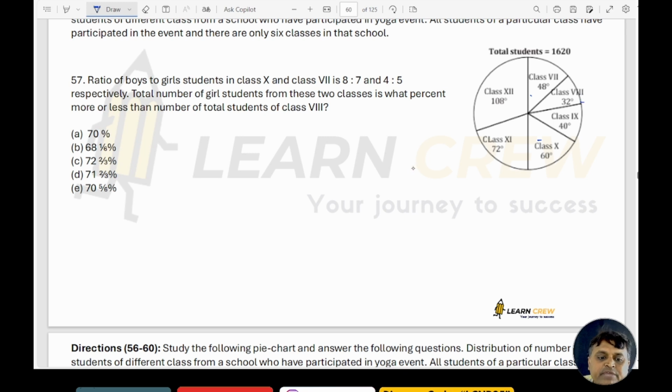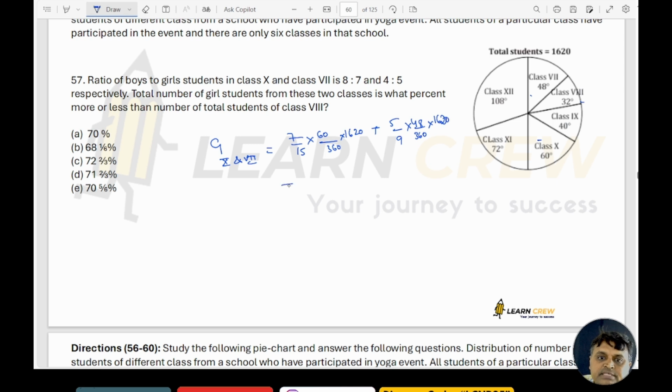Total girls from 10th and 7th: 7 by 15 of 60 by 360 of 1620, and for 7th, 5 by 9 of 48 degrees out of 360 in 1620.